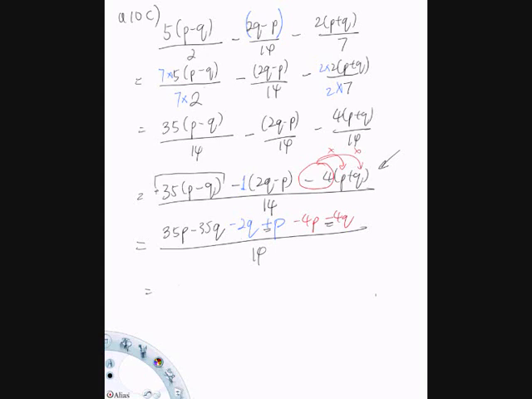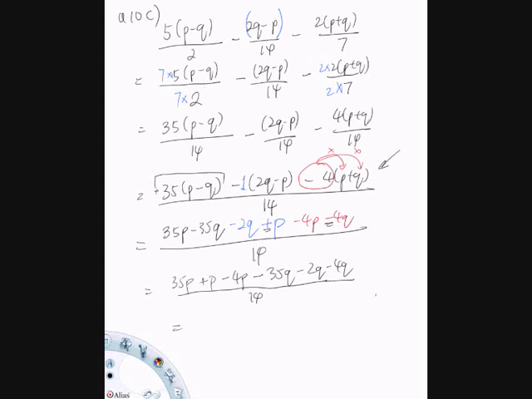The next step is grouping all the like terms together. Then we have 35p plus p minus 4p. The other group of like terms is minus 35q minus 2q minus 4q.